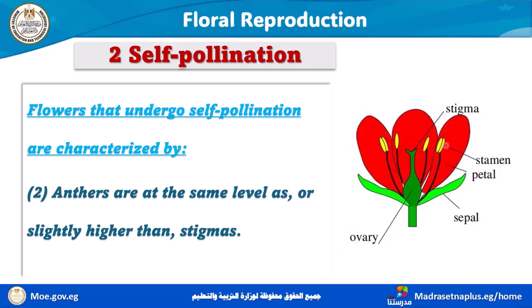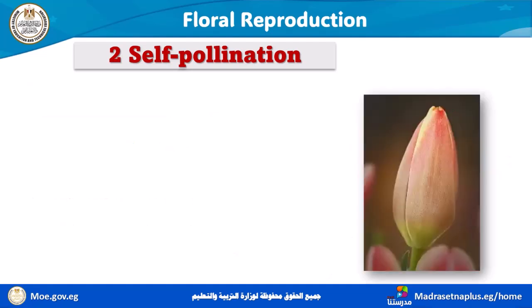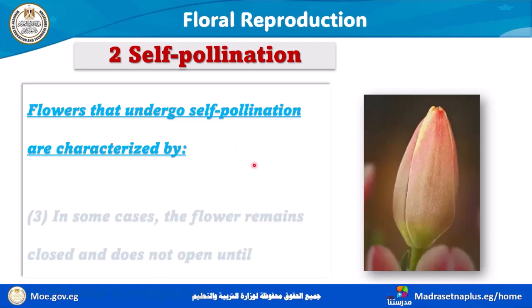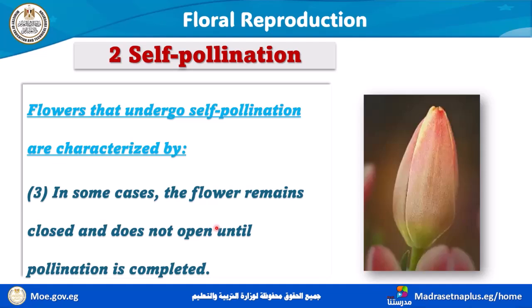Anthers are at the same level or slightly higher than the stigma to allow self-pollination. The third feature is that in some cases, the flower remains closed and doesn't open until pollination is completed.